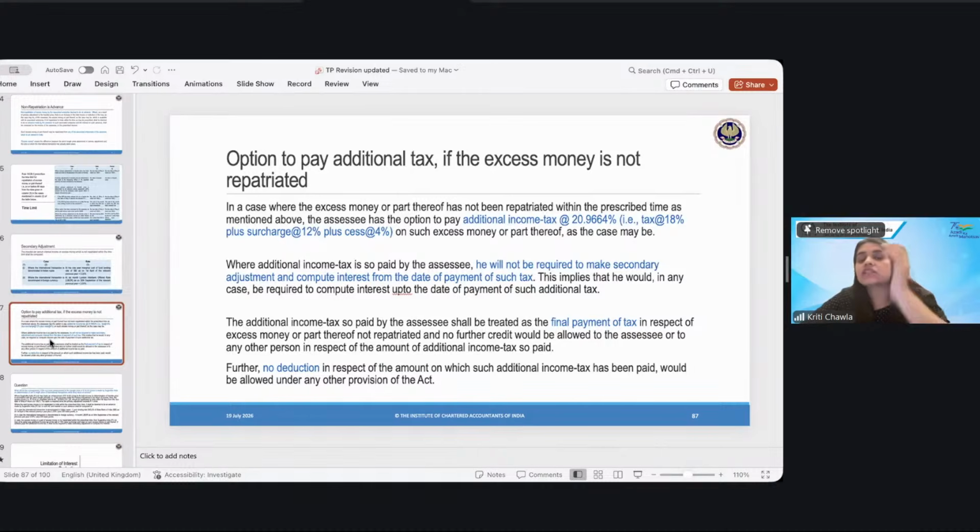The additional income tax so paid by the assessee will be treated as the final payment of tax in respect of excess money or part thereof not repatriated, and no further credit would be allowed to the assessee or any other person in respect of the amount of additional income tax paid. So this is going to be the final thing, and no credit will be allowed for this. Then no deduction in respect of the amount on which such additional income tax has been paid would be allowed under any other provision of this particular Act. So that is if you pay the additional income tax.